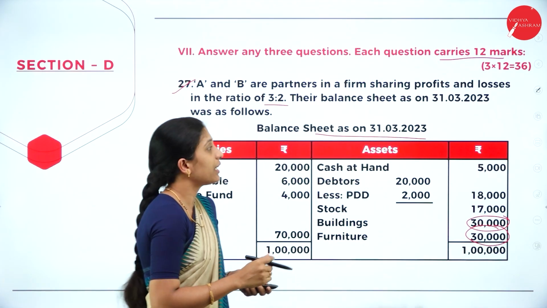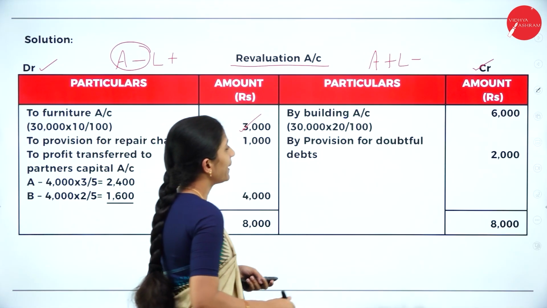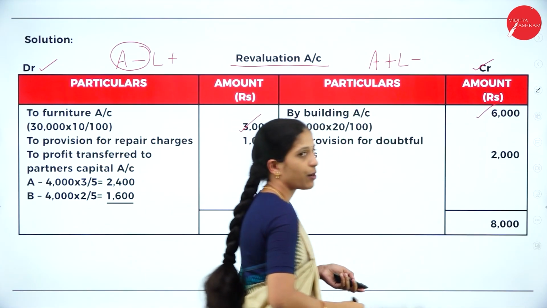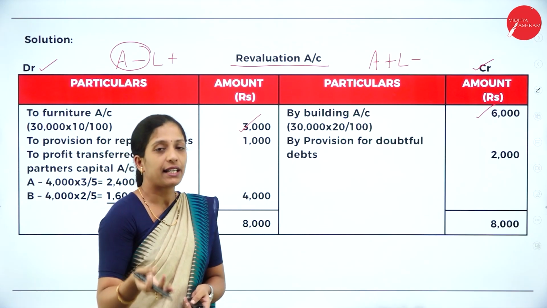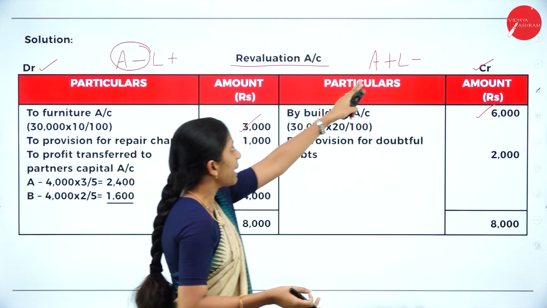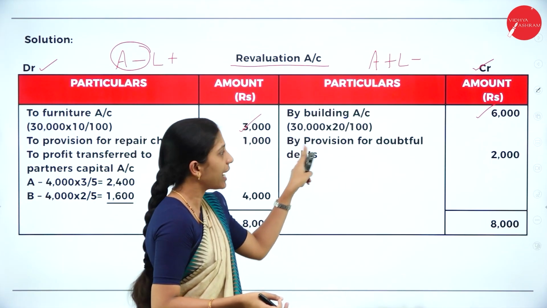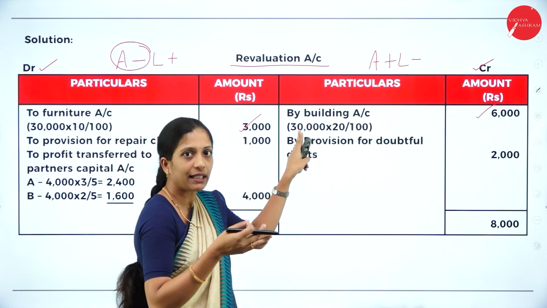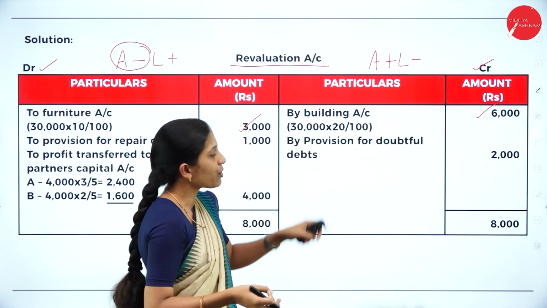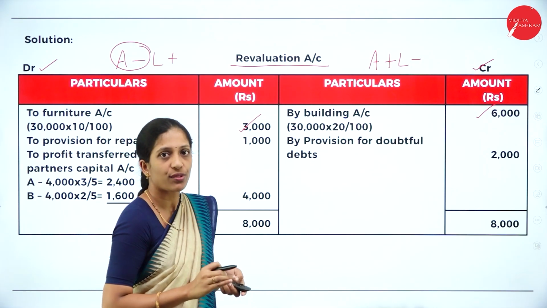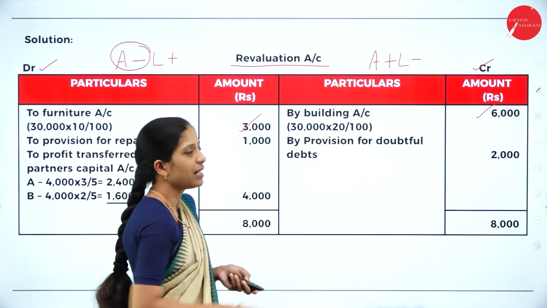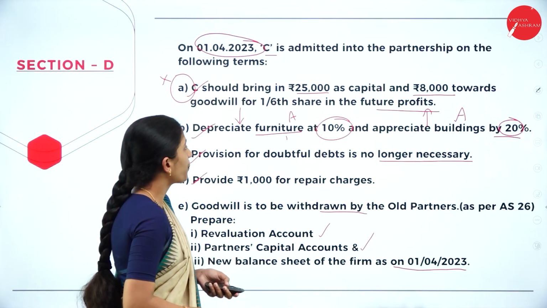So, 30,000 into 20%. That is how much? 6,000. Hope you are clear. Appreciate building, increase in asset. So, A plus. So, you will record in the credit side by building. Your value is there in the balance sheet in the question, 30,000, and the percentage they have given in the adjustment. 30,000 into 20%, that is 6,000. So, hope you are clear.